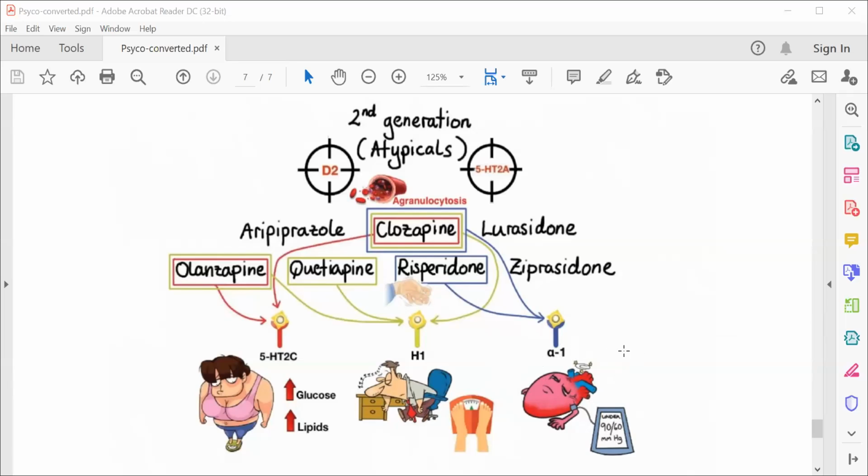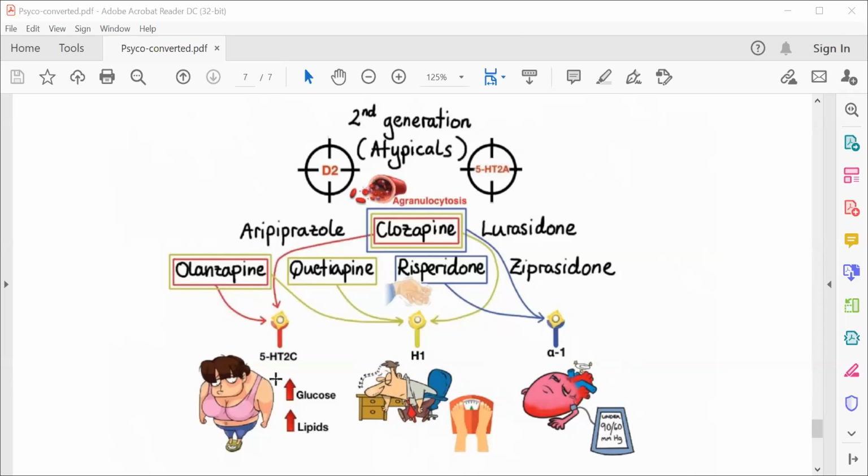So you might think, oh, okay, these are the same receptors that were blocked by the first generation, so we should expect the same side effects. The answer here is no, due to a simple fact.